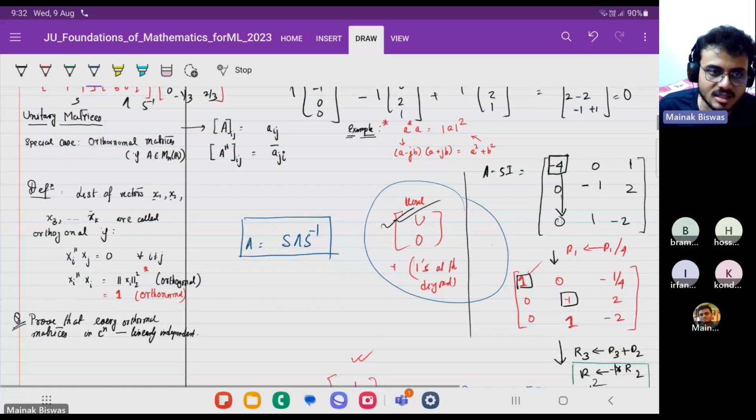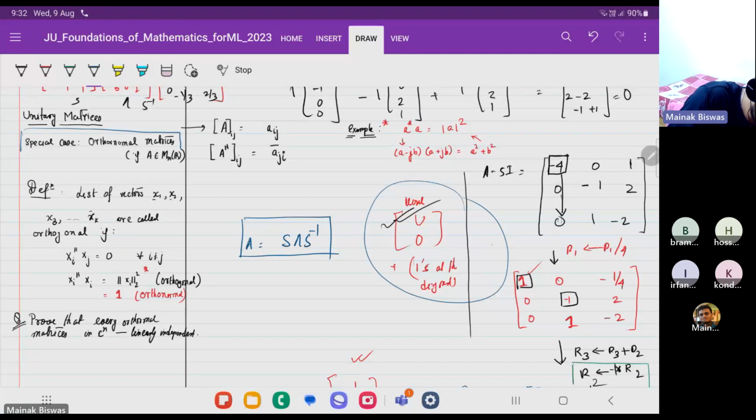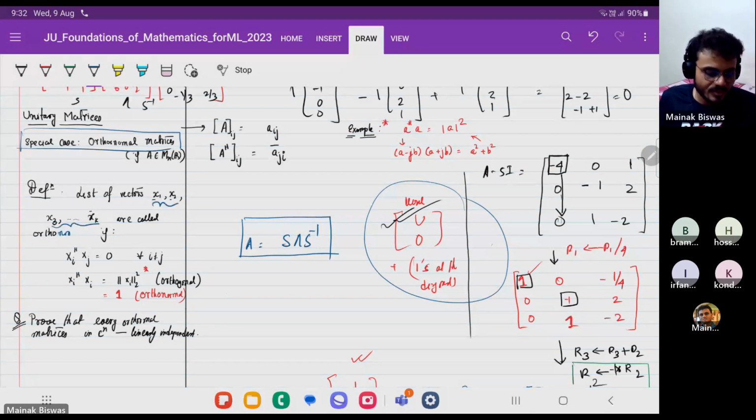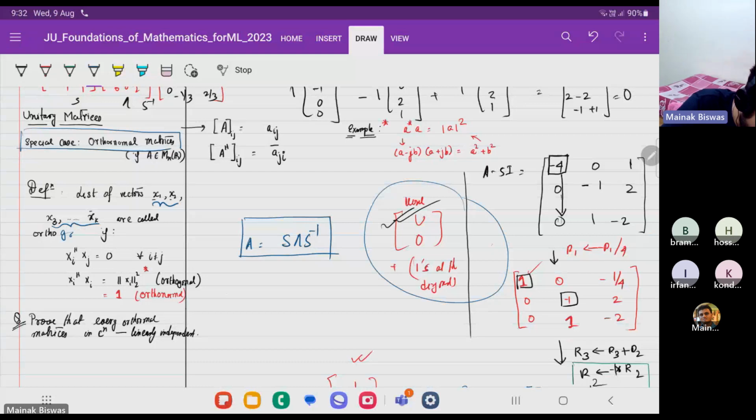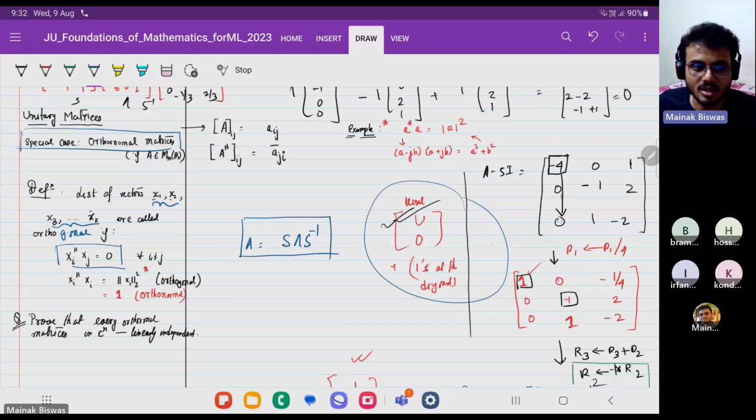So yesterday, or last day, we discussed unitary matrices as orthogonal or orthonormal matrices, right? Special cases we had orthonormal matrices. Recall? So we say K vectors are orthogonal if the dot product between all of them is 0, and with itself is equal to the norm.